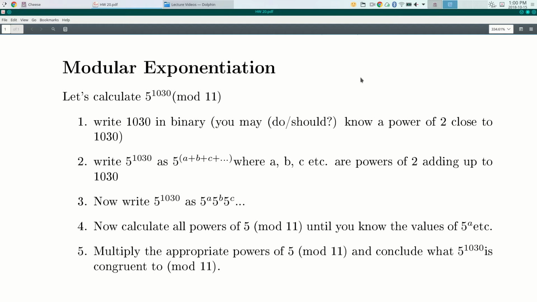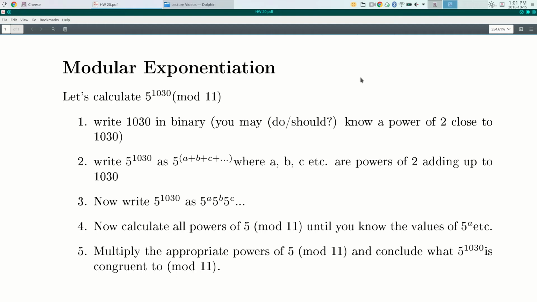So 81 divided by 11 is 7 times 11, which is 77, so it's 4. 9 squared, remember? So if this is congruent to 9, then this would be congruent to 9 squared.